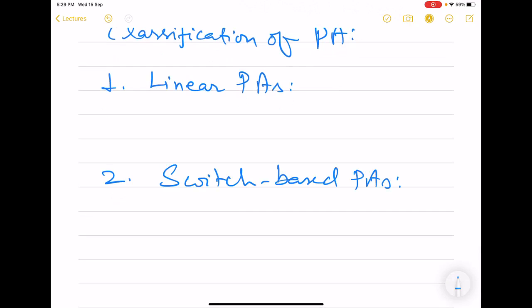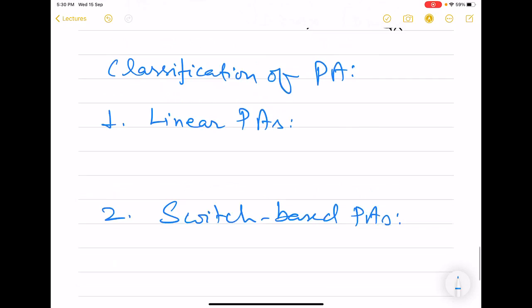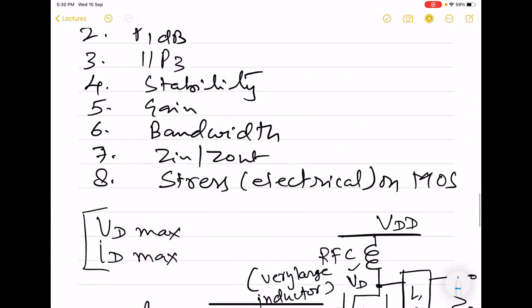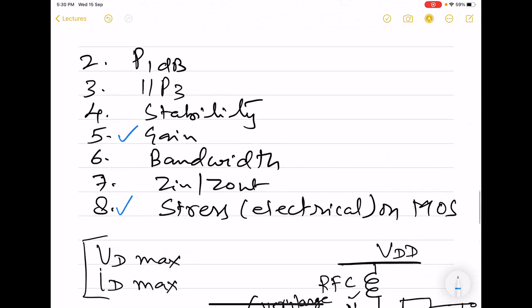So let me again emphasize that all this classification is carried out, or all these circuits have been devised, primarily to attain high efficiency, and of course to ensure that gain is high and stress is also tolerable, in addition to, of course, maintaining desirable values for the remaining parameters.